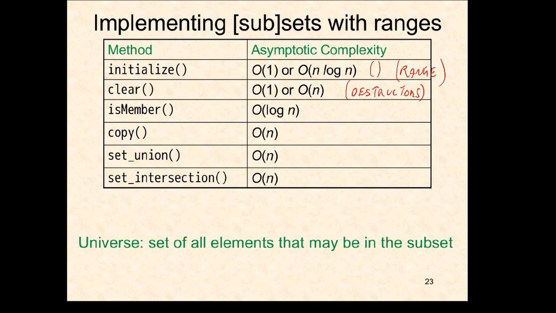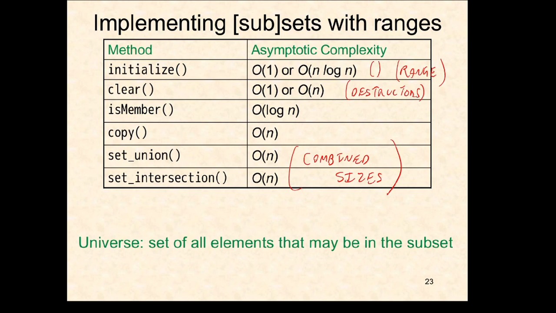Well, wait a minute, what is n here? N is going to be the combined sizes of both containers. When we do set union, it was easy to see why we had to look at everything.